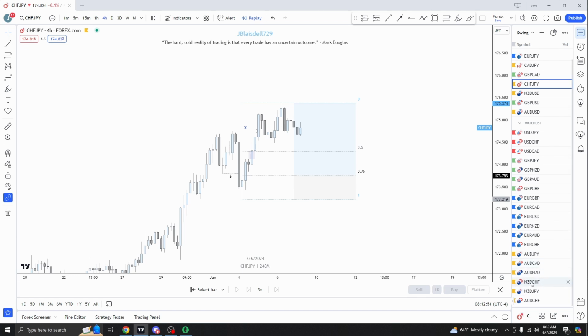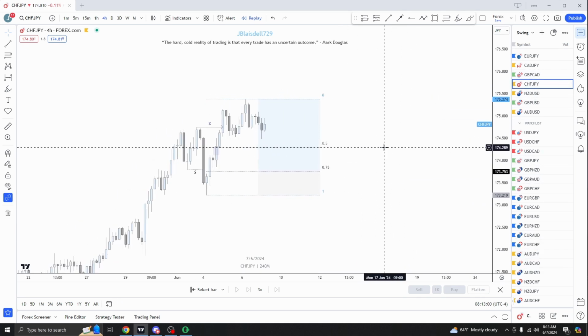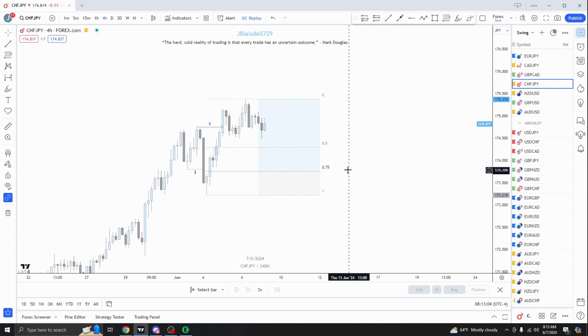Like NZD Chef wasn't an original one that I traded, same with NZD JPY. But I did just kind of add them in as I got more comfortable trading. I feel like breezing through in 15 minutes or so, adding a few more pairs doesn't hurt, but it can obviously help hedge my data long term.